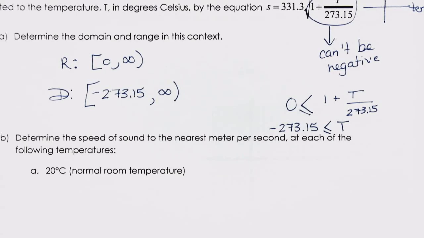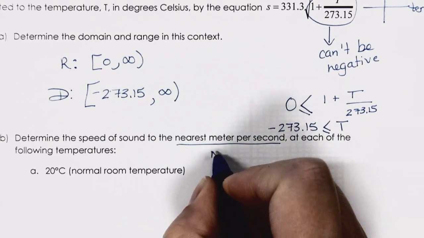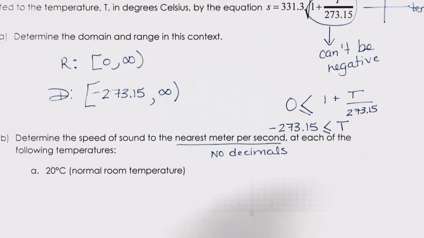Okay, guys, this is just some plug and chug stuff. Determine the speed of sound to the nearest meter per second. So where is that 20 degrees going into?